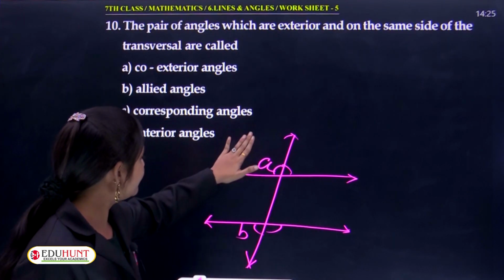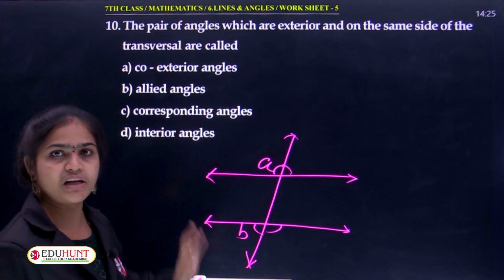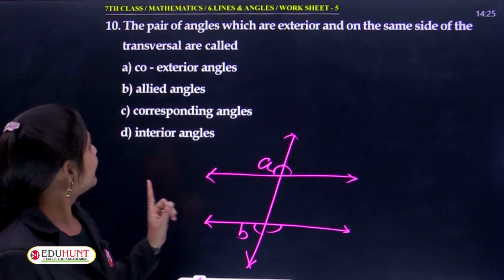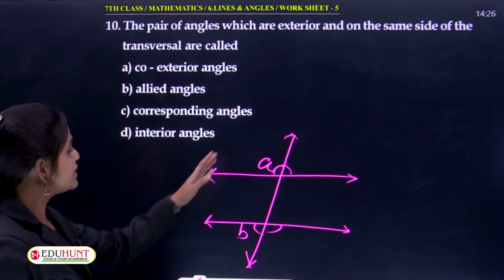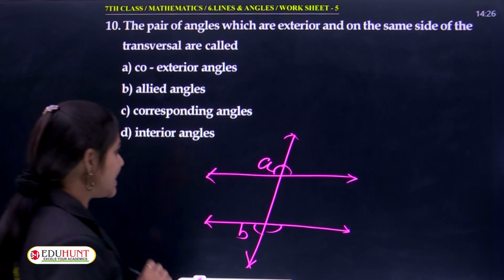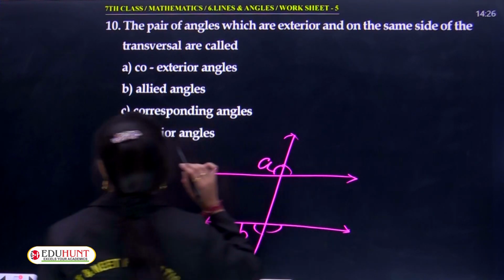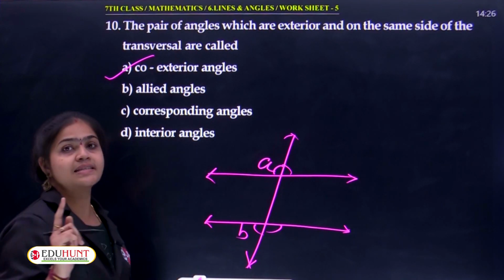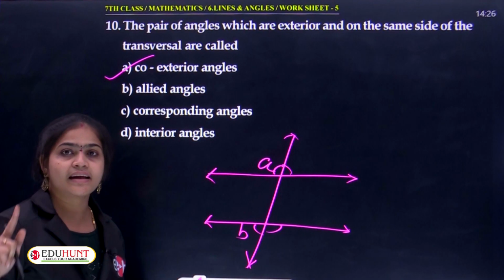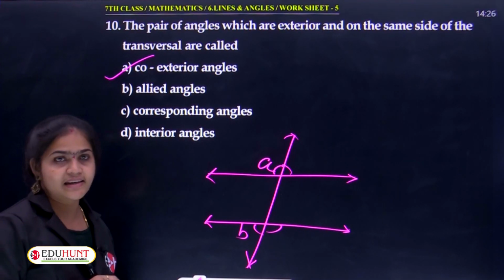But those 2 angles lie on the same side of the transversal. What will we call those 2 angles? These 2 angles are known as co-exterior angles. We will not call these 2 angles allied angles. Only co-interior angles are known as allied angles.